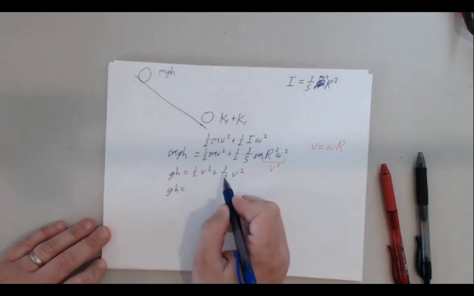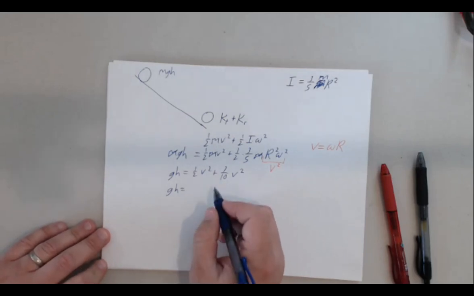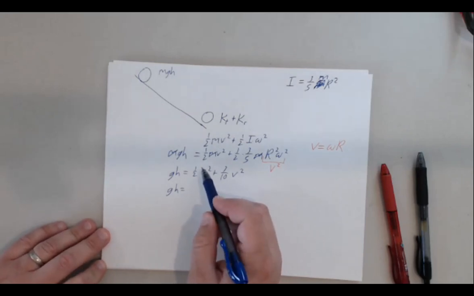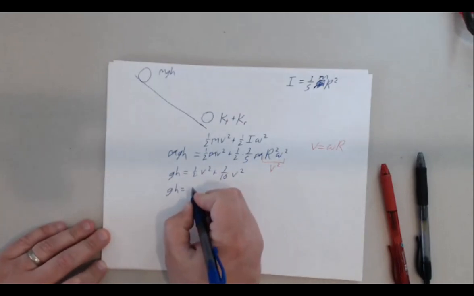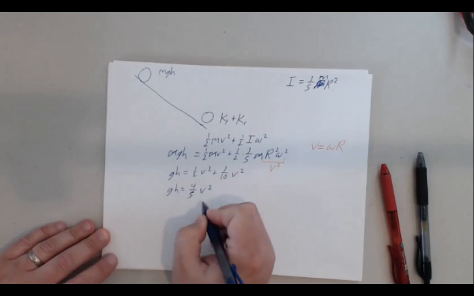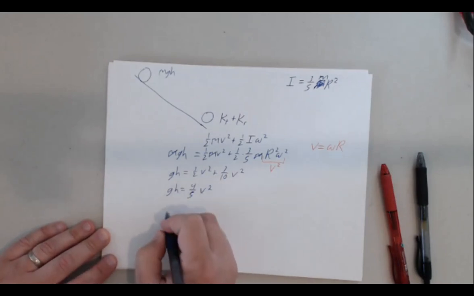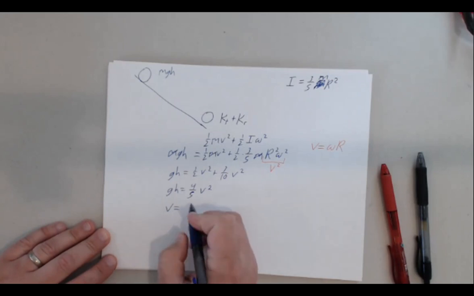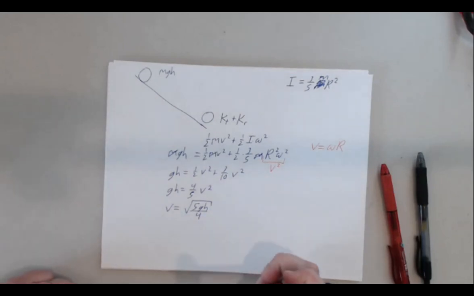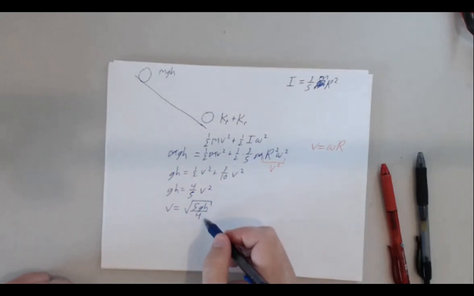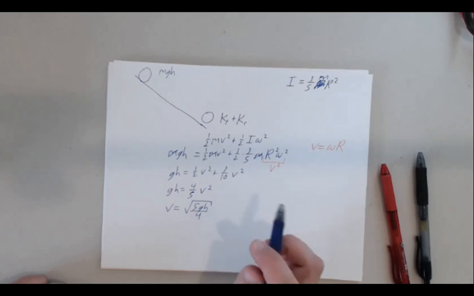I get 1/2 plus 3/10. If I do my fractions right, 1/2 is 5/10. So I get 8/10, which is the same as 4/5 v squared. And that means that v is just the square root of 5gh over 4. Okay, so does changing the radius do anything?